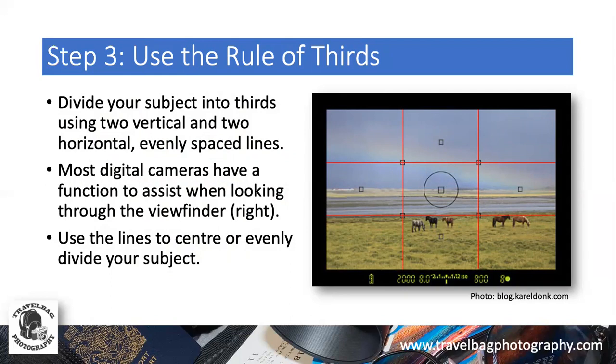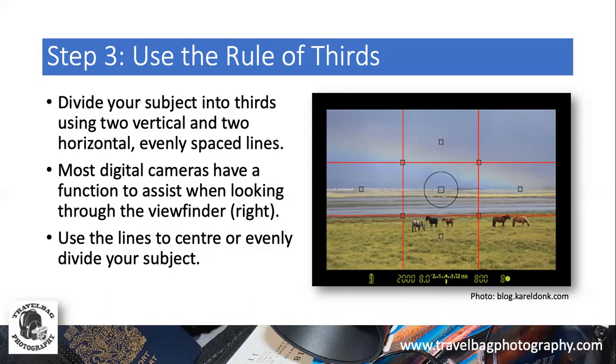Studies of vision have shown that the human eye is attracted to points in those thirds. I have no clue why, because I'm not a physician, or sorry, I'm not a scientist. So I don't know why this happens, but it does.